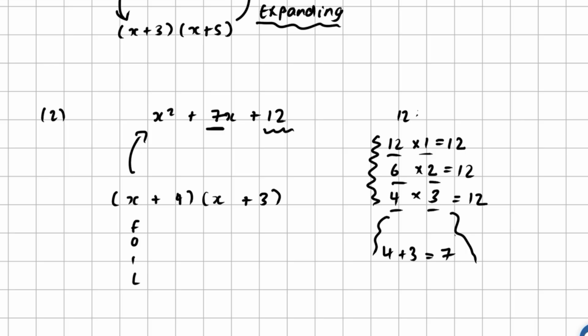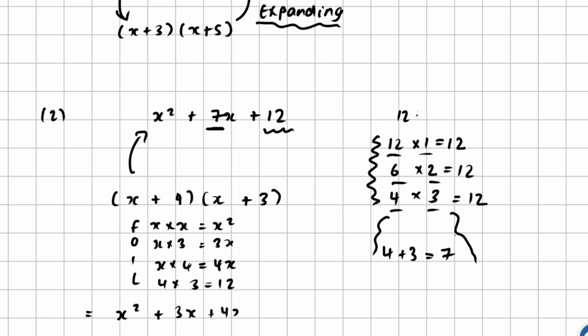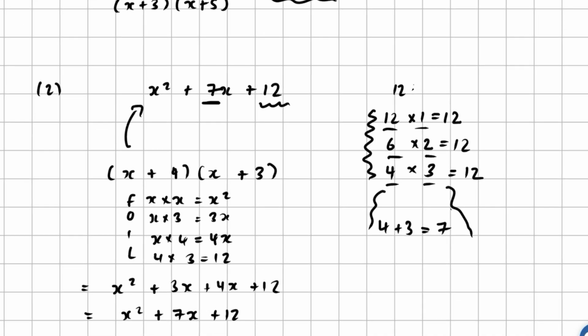So you have first, outer, inner, last: x times x, which is x squared, and then we have x times 3, which is 3x, x times 4, which is 4x, and then 4 times 3, which is 12. Now if we do that all together, we get x squared plus 7x plus 12, and therefore we know it works.